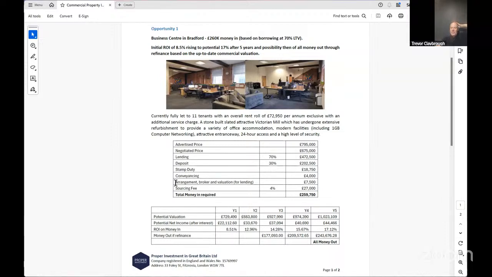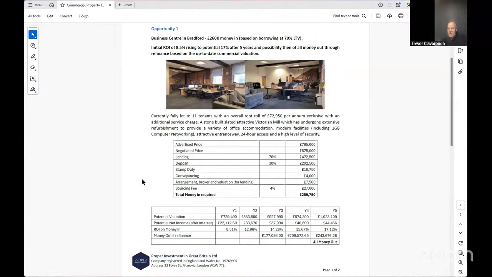From memory, it's 5% of the income we put aside for capex. And also on these types of properties, on the income, we've also got a provision for voids. So everything in these figures does take into account those different provisions.